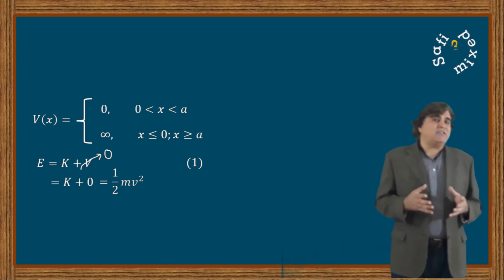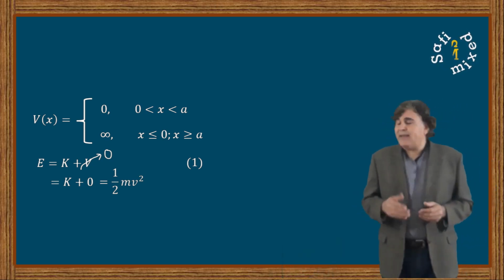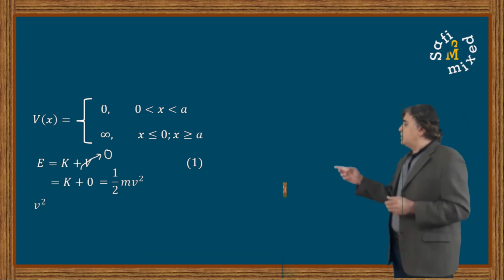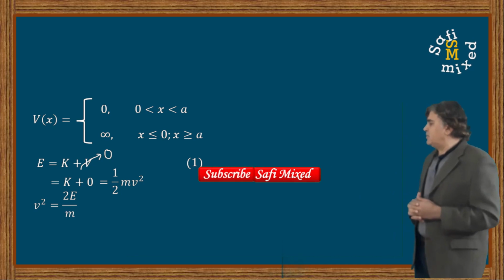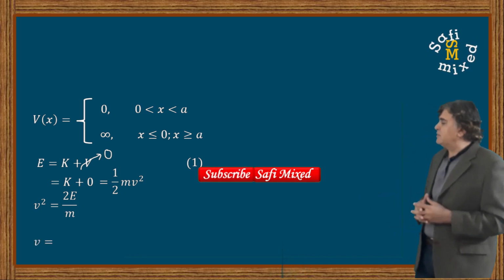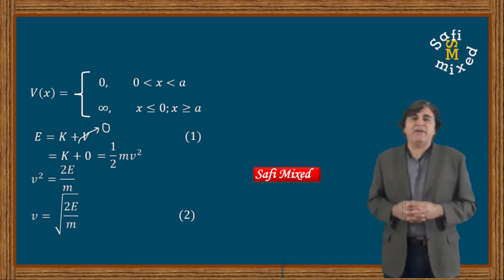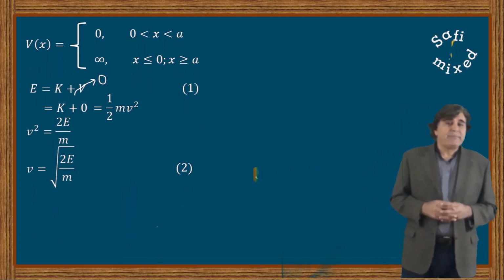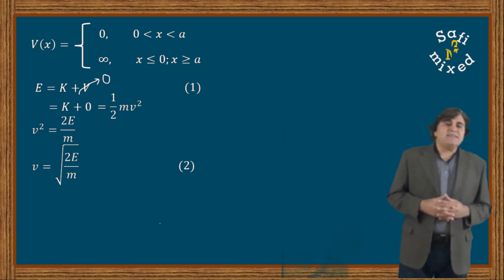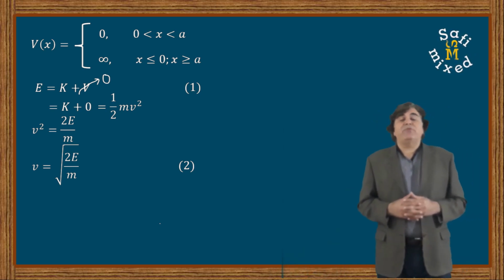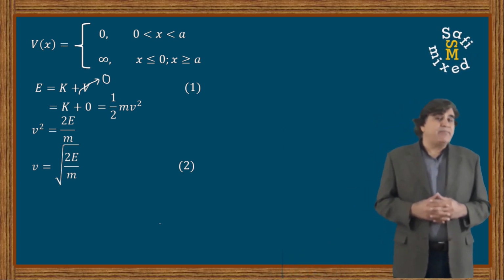And arranging this equation for v, I can write v squared equals 2E divided by m, and taking the square root of this equation, I can write v equals square root of 2E divided by m. Now equation 2 dictates that inside the well the particle is moving with constant velocity.